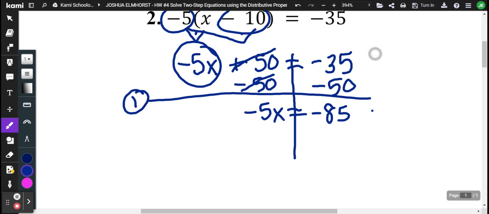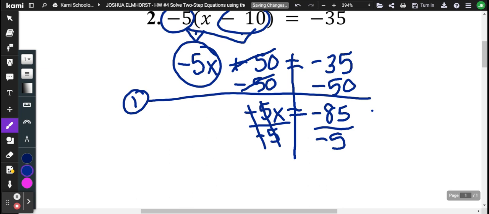Now we'll move on to step 2. Multiplying x by negative 5, the inverse would be dividing by negative 5, and what we do to one side, we do to the other.